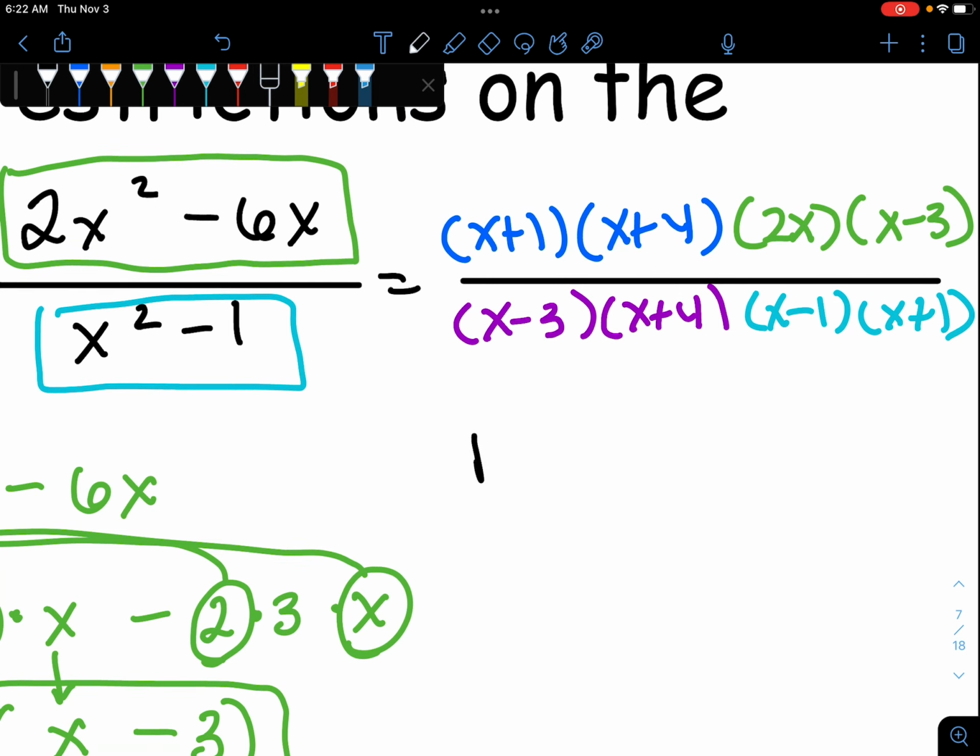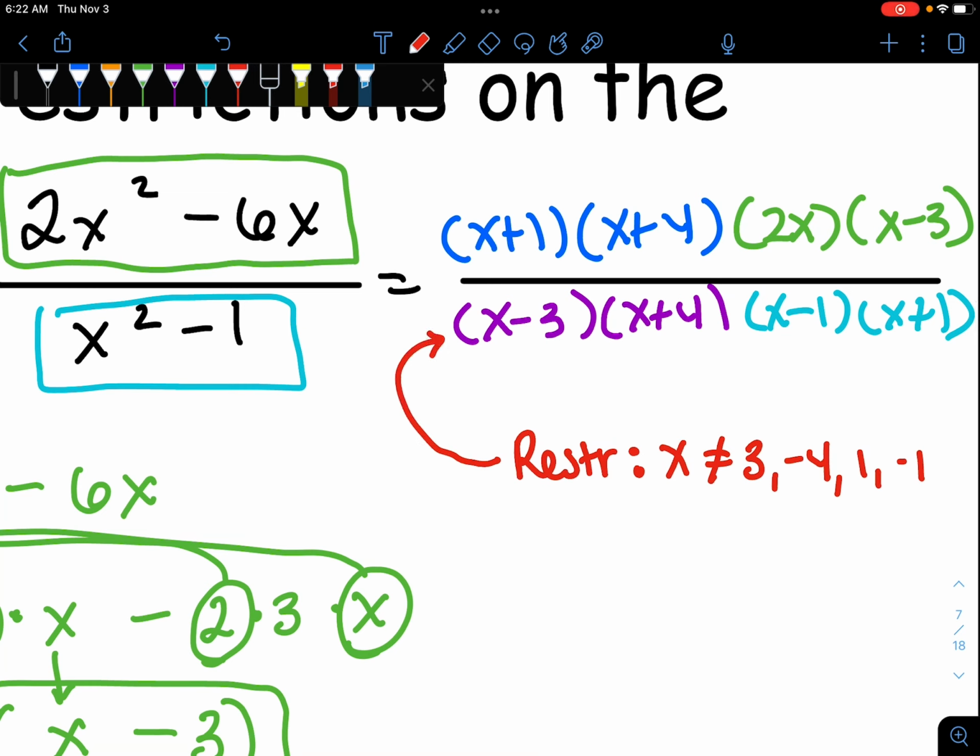Okay. Now let's write our restriction. I'm going to use red. Restriction. So x cannot be 3. It's basically the opposite of this sign. So positive 3, negative 4, positive 1, negative 1. So the restrictions are from the denominator.